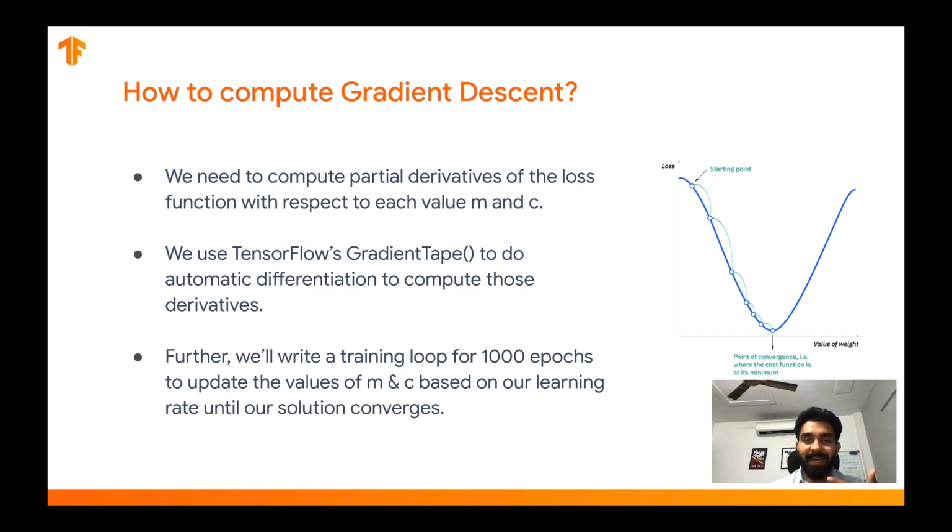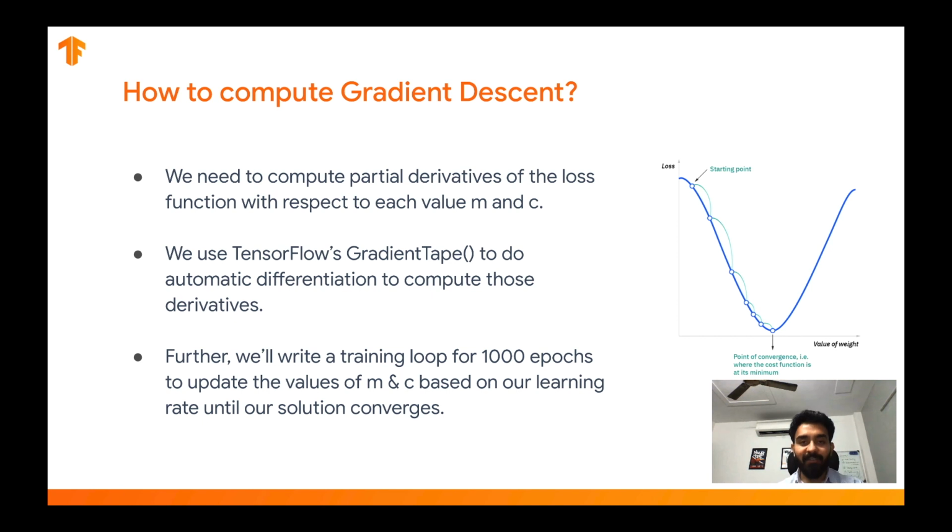We'll keep updating the weights, that is the values of m and c, and keep calculating the loss as well. At every point you'll get the loss and the updated values of m and c, and we'll see how the model tries to learn and converge, and we keep doing that until we get to a best fit line.